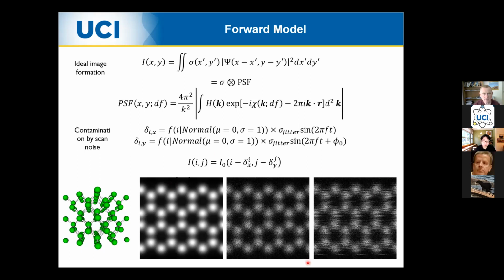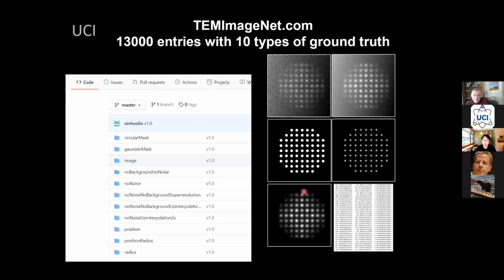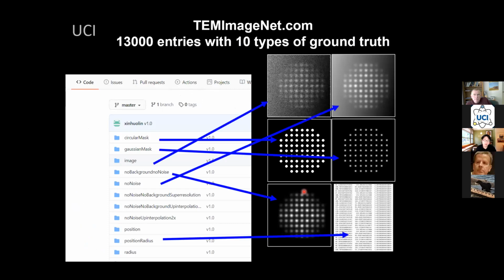And of course, we also want to generate those tearing effects that are actually present in our TEM images. Once you add all of these in, these images become sufficient to train our neural network efficiently. And of course, for the community, we have built TEMimageNet, where we have 13,000 entries, 10 types of ground truths, and everyone can download it and use it to train their neural network or benchmark their neural network.